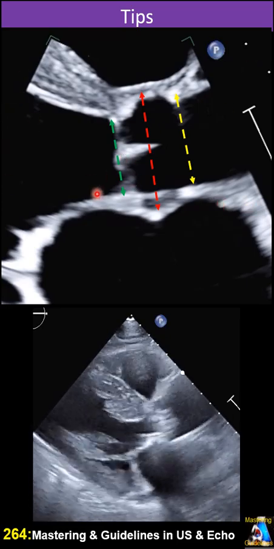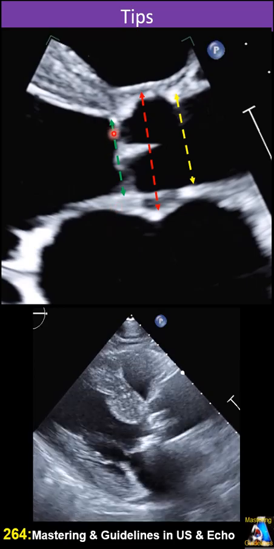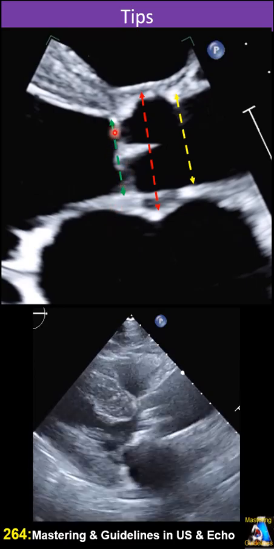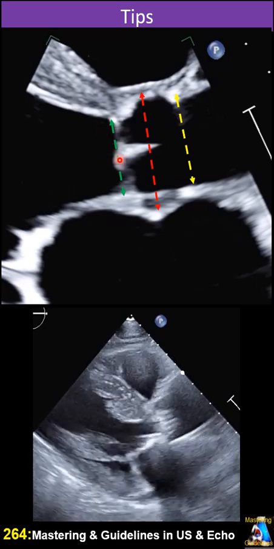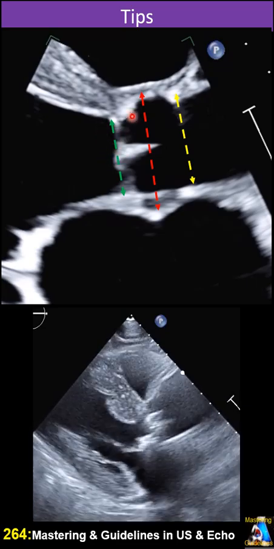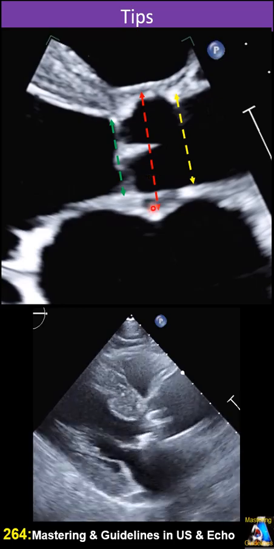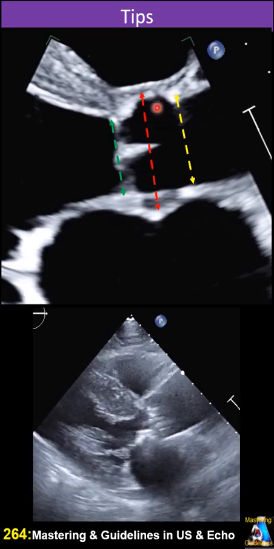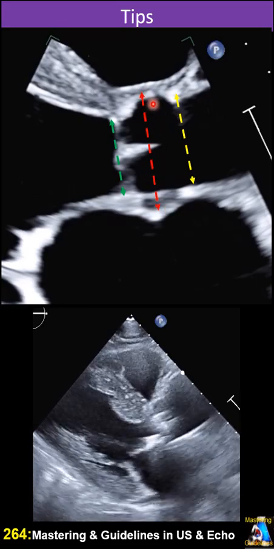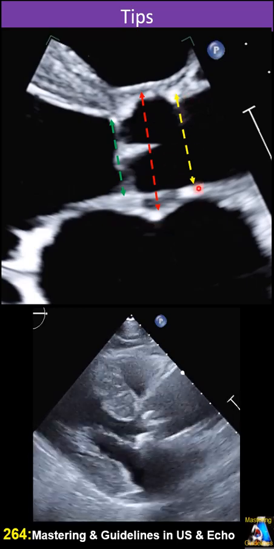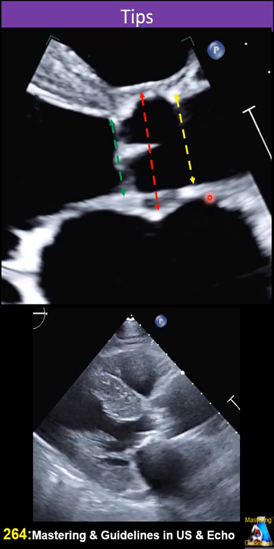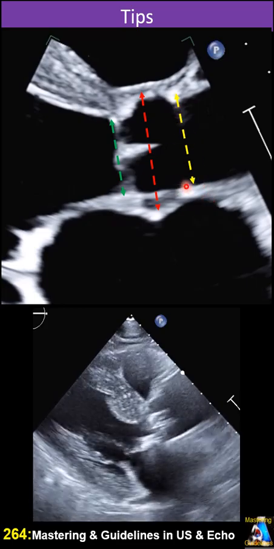Then at the end of diastole, we measure inner to inner at the hinge points, which becomes the aortic annulus. Then we have the sinus of Valsalva, measured outer to inner or leading edge to leading edge, and then the sinotubular junction, again leading edge to leading edge or outer to inner.